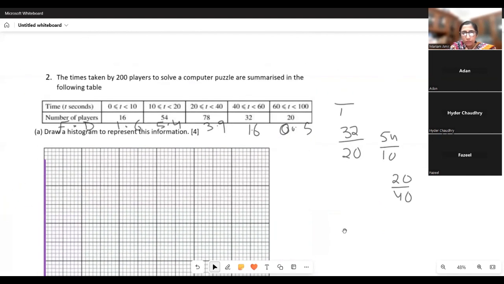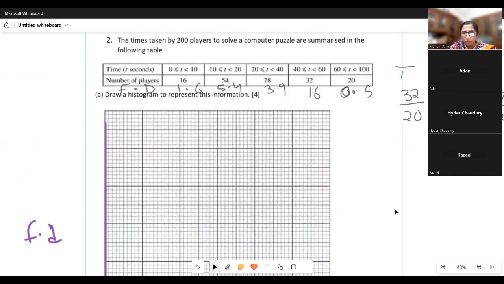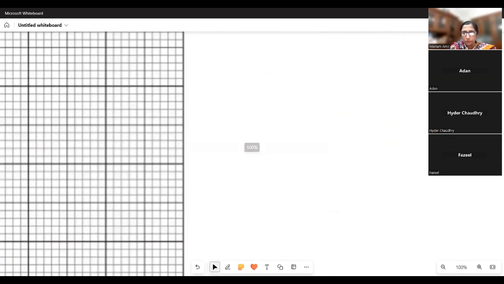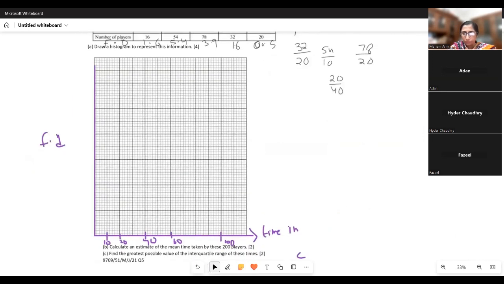It goes up to 5.4. So we can say that 2 boxes is 1. 1, 2, 3, 4, 5.